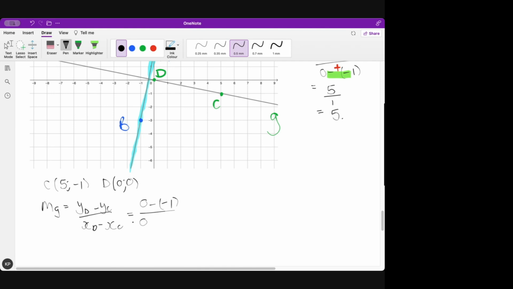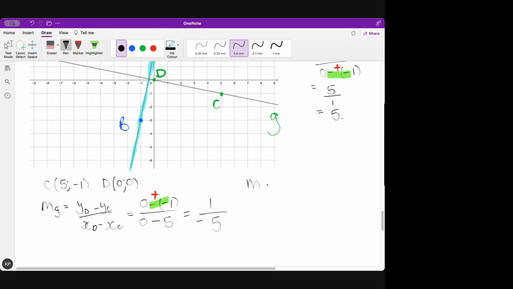Okay, and then my x of C is 5. So then I have this minus minus, which we have established will give us a positive. So in my numerator, I have 0 plus 1, which is just the 1, divided by 0 minus 5 in my denominator. That is indeed negative 5.